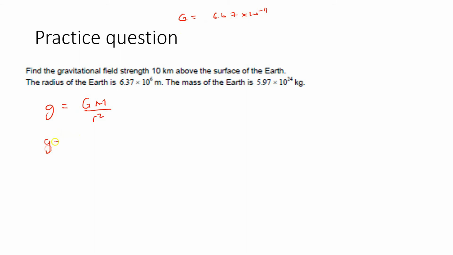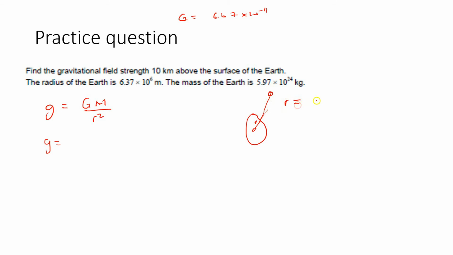So if this is our object, and this is the object that is above the Earth's surface, now we must consider the radius of the Earth, but then the overall distance of separation is from this object to the Earth. So we must sum up these two distances.